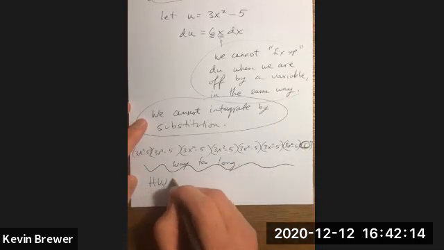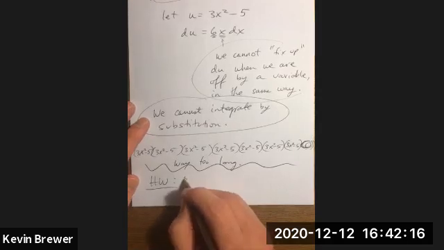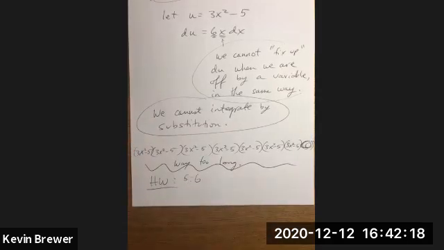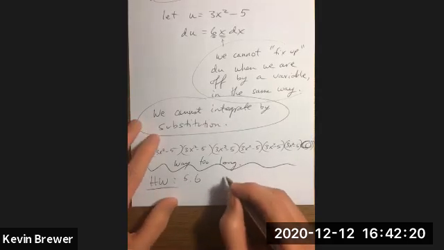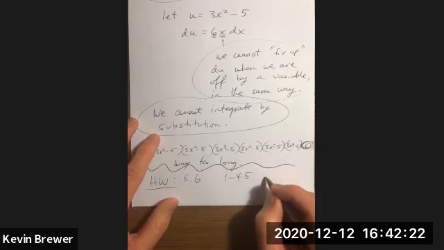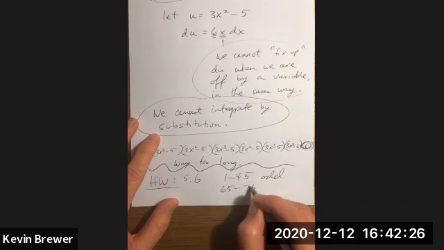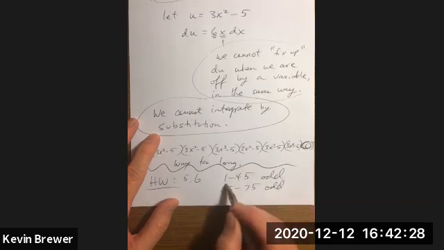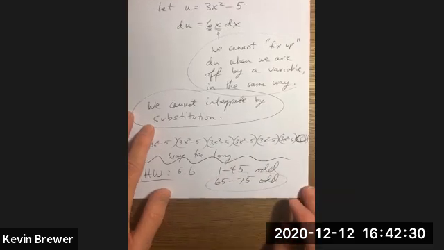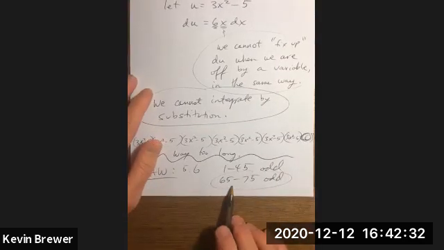So homework for section 5.6 is 1 to 45, the odd problems, and then 65 to 75 odd. Those are applications. But here's the thing.